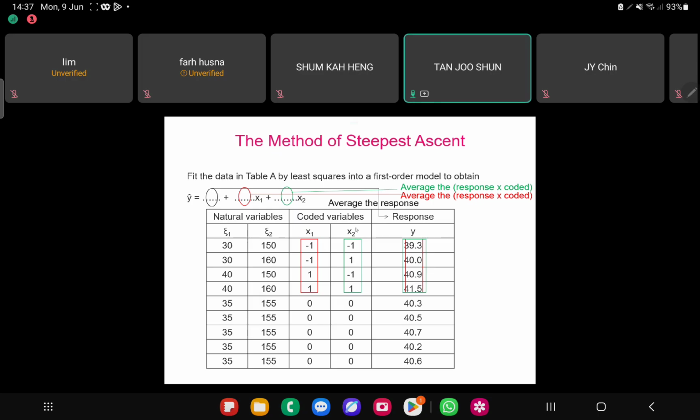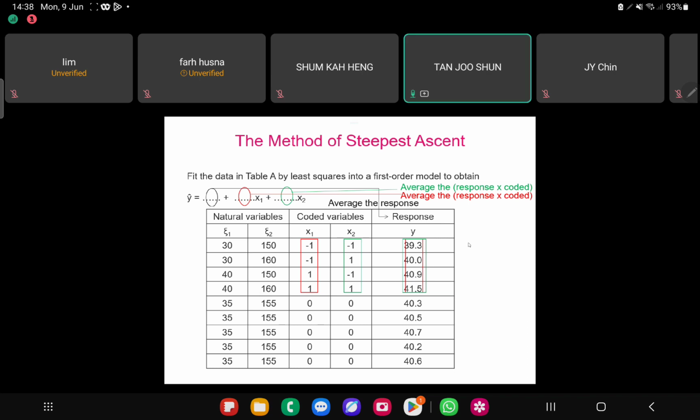Divide by 4, then you will get the value for factor 1. Factor 2 will be the same, using -1 times 39.3 plus 1 times 40 plus -1 times 40.9 plus 1 times 41.5, then divide by 4, and you will get the value for factor 2.